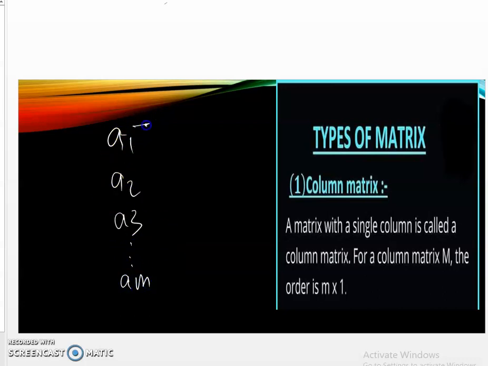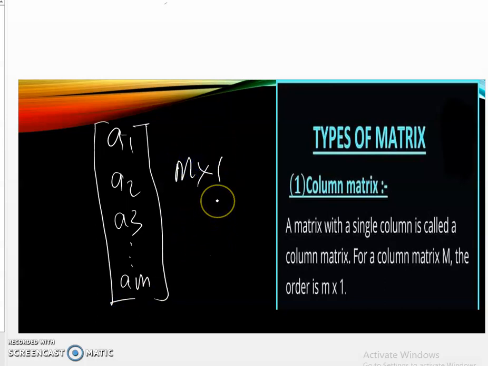It is represented in a vertical line. This is what we call a column matrix of the order m by 1. So this is the very first type of matrix that we talk about.